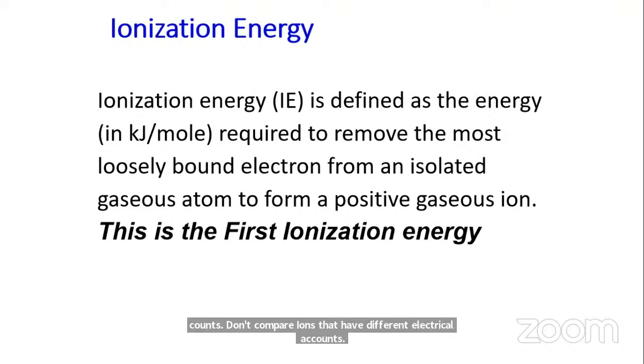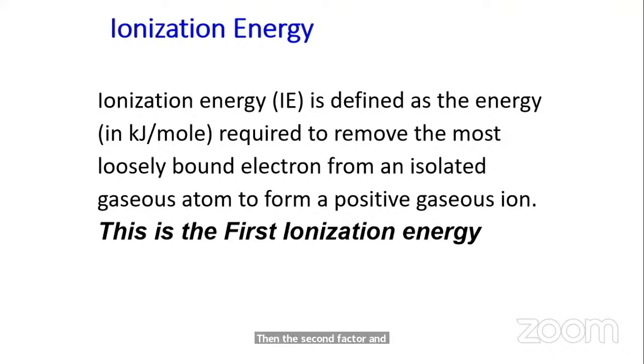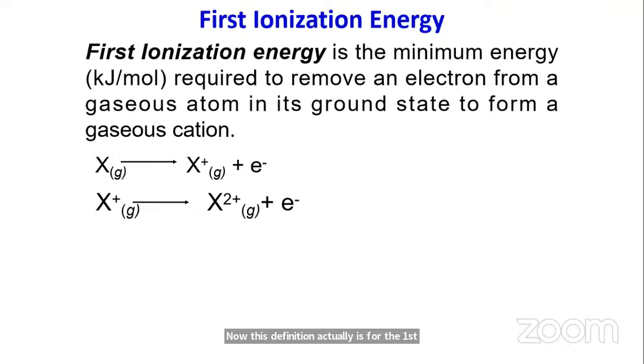Then the second factor is the ionization energy. Ionization energy is defined as the energy required to remove the most loosely bound electron from an isolated gaseous atom to form a positive gaseous ion, or a cation. Now, this definition is actually for the first ionization energy, and it is represented by this expression.